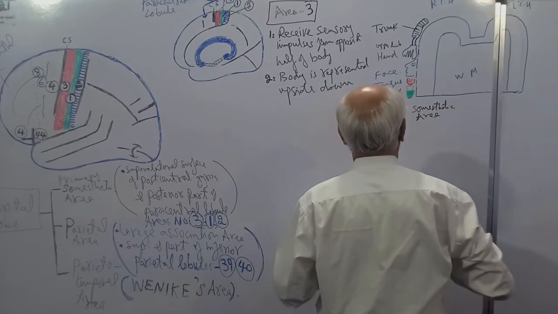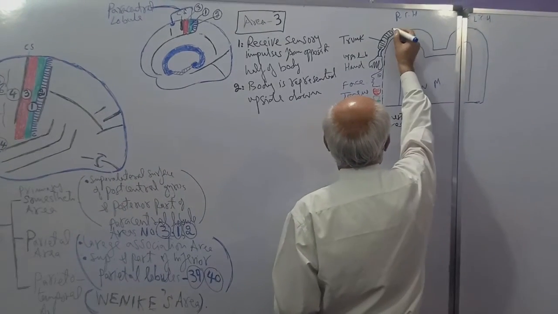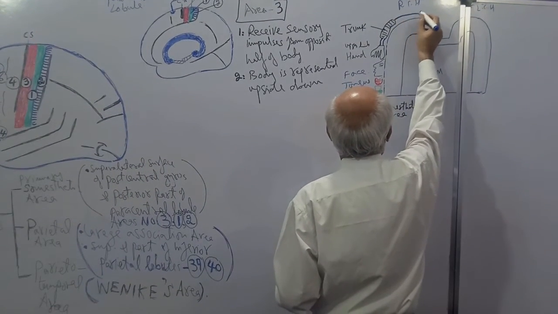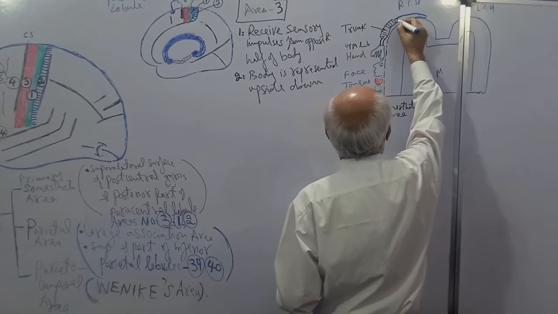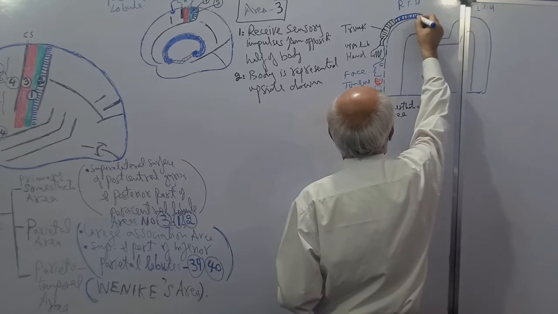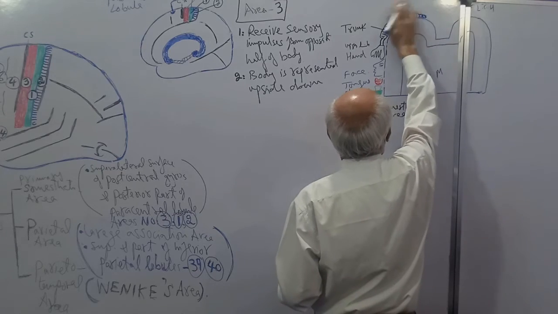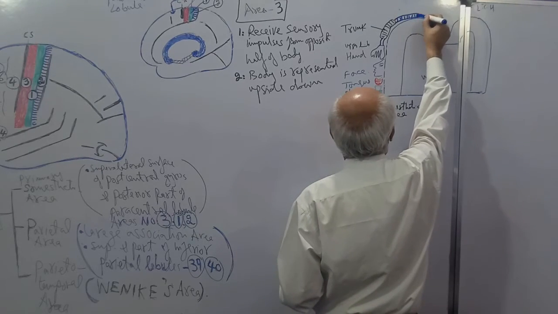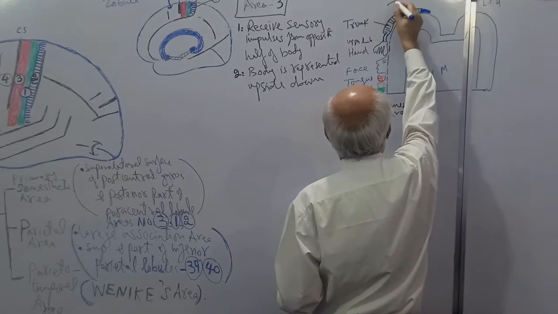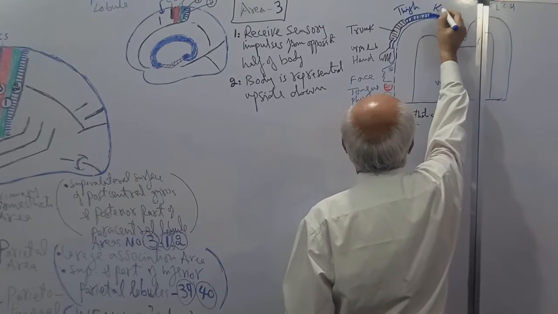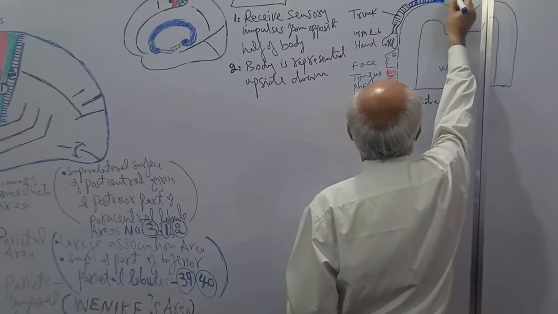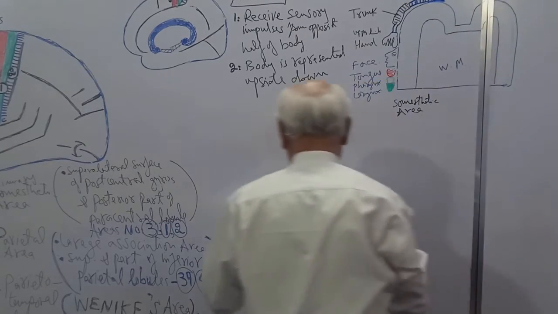Next to the trunk is the thigh and the knee.